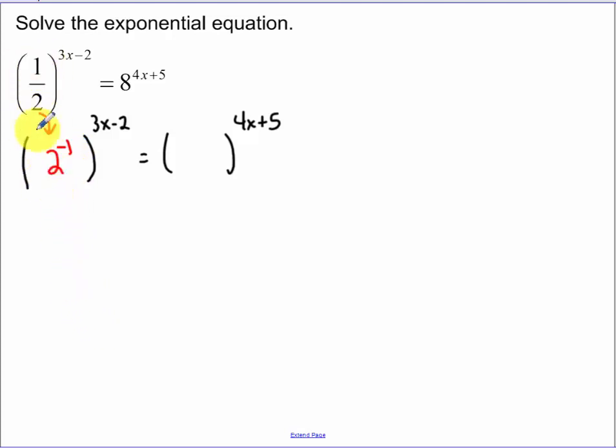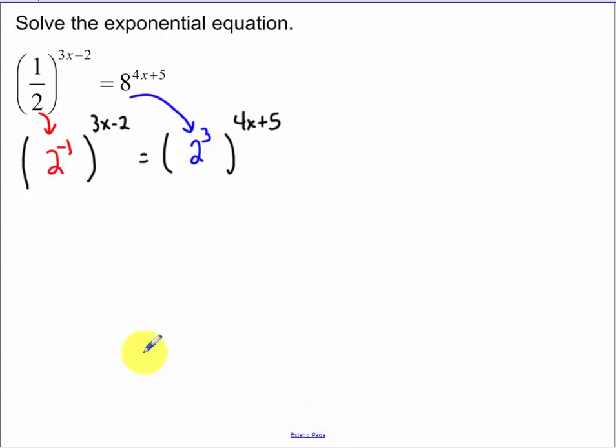So try and get them so that they're a whole number. If it's a fraction, try and get it so that it's a whole number. So I have 2 to the negative 1, and then 8 is going to become 2 to the third.